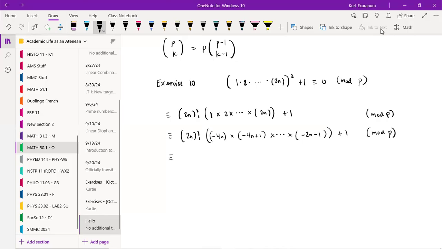So negative 1 to the 2n, times 2n factorial times 4n times 4n minus 1 up to 2n plus 1, plus 1.